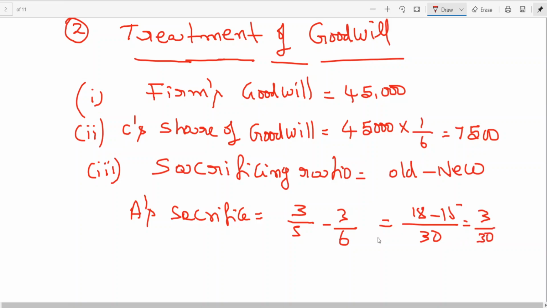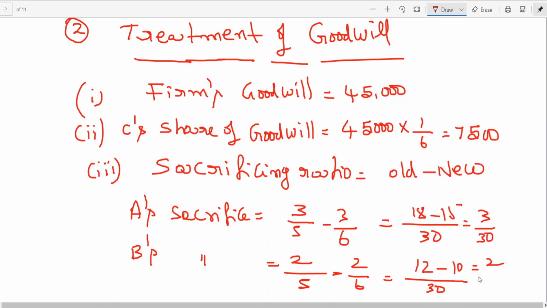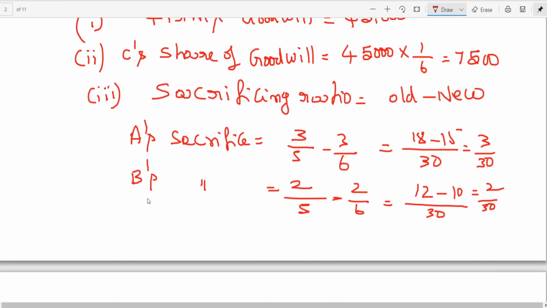So 3 by 30. B's sacrifice is equal to 2 by 5 minus 2 by 6: 12, 10. So the sacrificing ratio is 3:2.